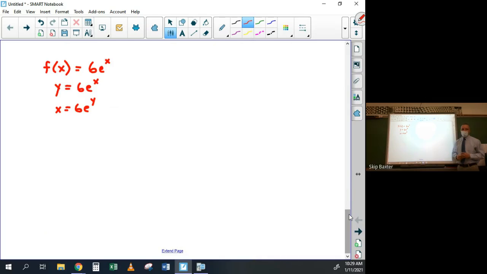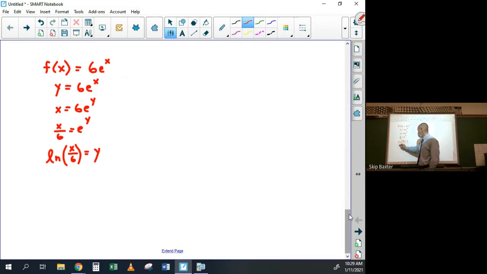What do I do now? Divide by 6 first, then natural log. So this would be x over 6 equals e to the y. Now I can ln both sides. And I get y equals ln of x over 6. That's f inverse of x in this case.